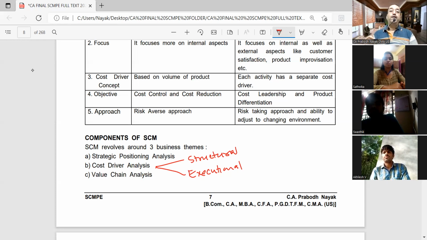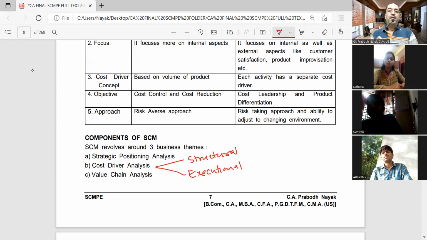Executional refers to activities that you have to do to implement those policies. Execution of activities. Kaizen costing. Whether you have implemented Kaizen costing in your organization, continuous improvement of your activities over a period of time. Okay, how you have set up your factory, what is your factory layout, that is execution.